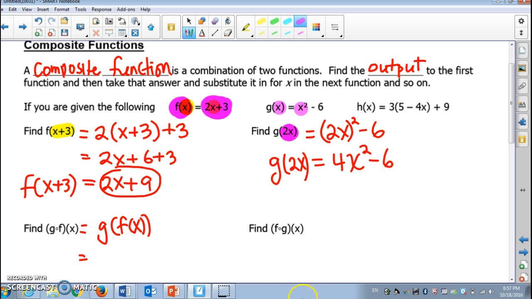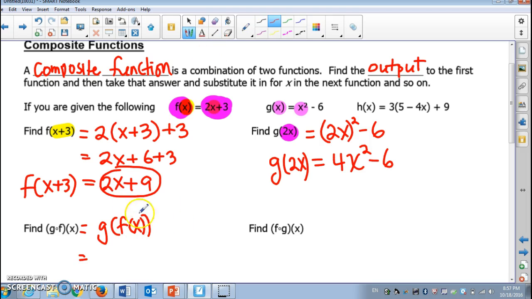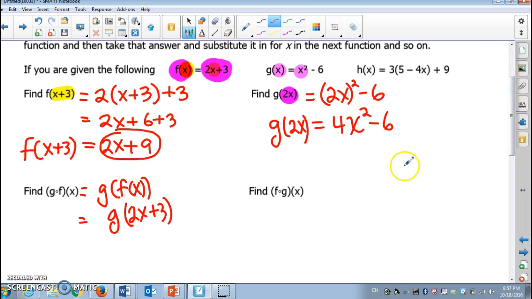So all you're doing is we are going to replace f of x with 2x plus 3, and then g. So g of f of x is the same as g of 2x plus 3. Got it? Then what am I supposed to do?